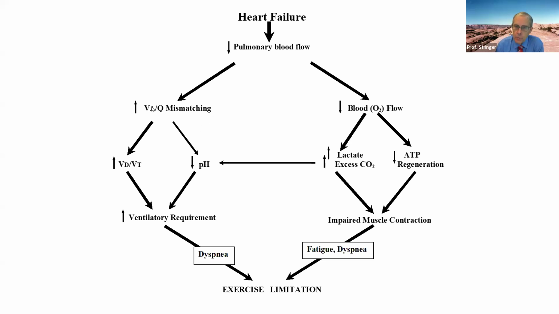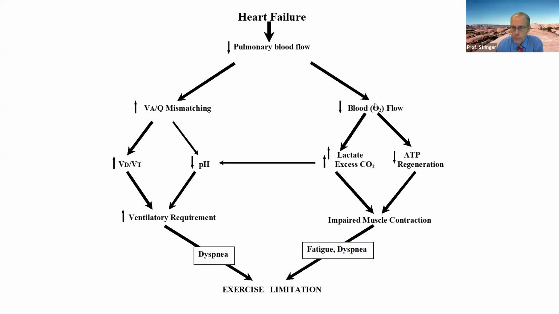That leads to VQ mismatching, meaning the blood flow relative to ventilation is very low. The Q is low, the V is high, and they have mismatching in the lungs. That leads to an abnormality of dead space. It also leads to acidosis and a high ventilatory equivalent relative to their work rate and dyspnea. That's one side of the exercise limitation.